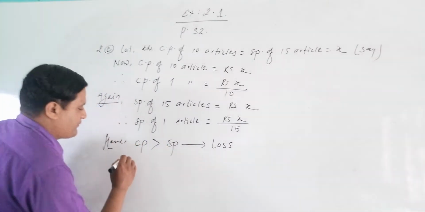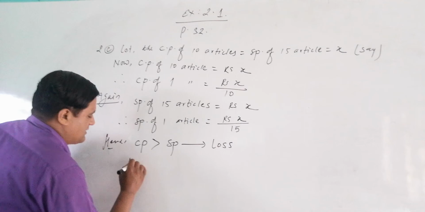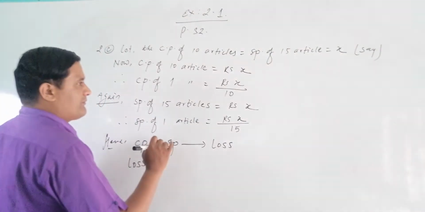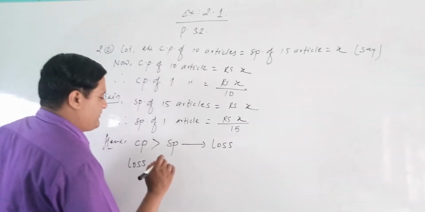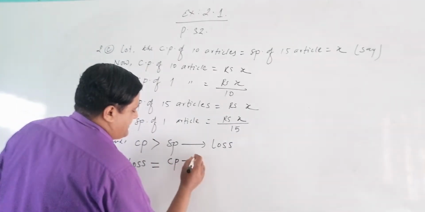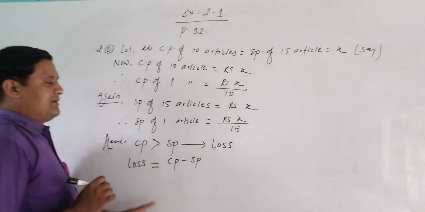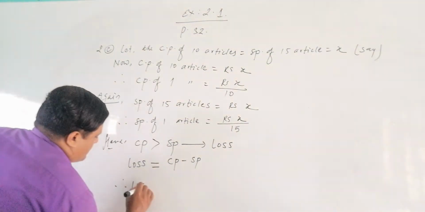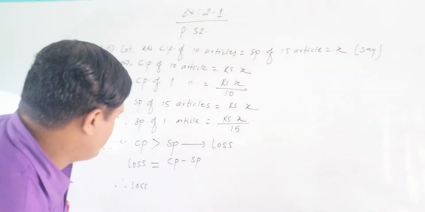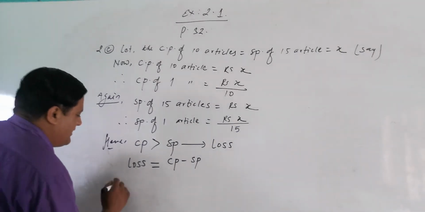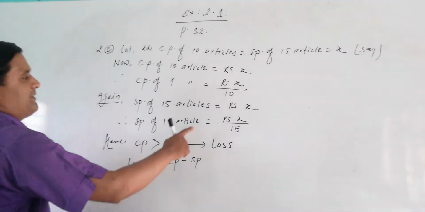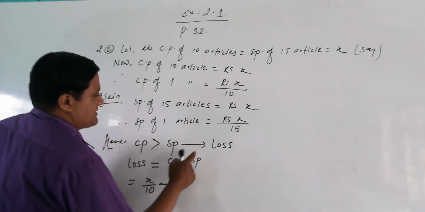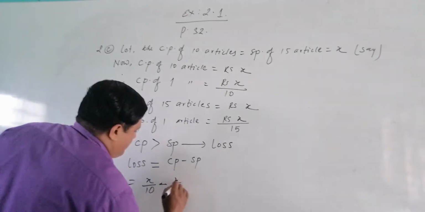To get the loss, students concentrate: we have to find the loss amount. Do you know the formula? How can we get the loss amount? Loss equals CP minus SP. Maybe some students cannot understand directly. CP is given as X by 10, minus SP, which is X by 15.